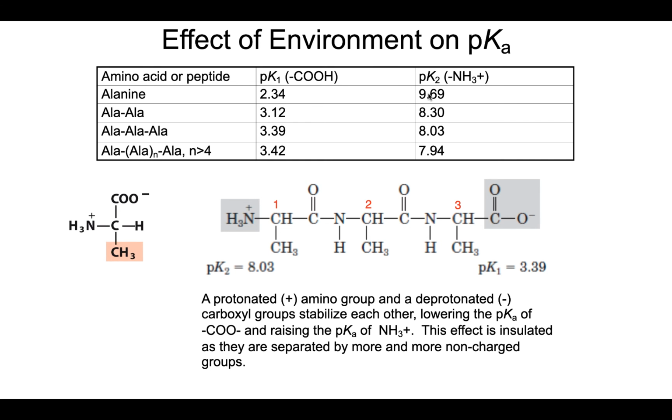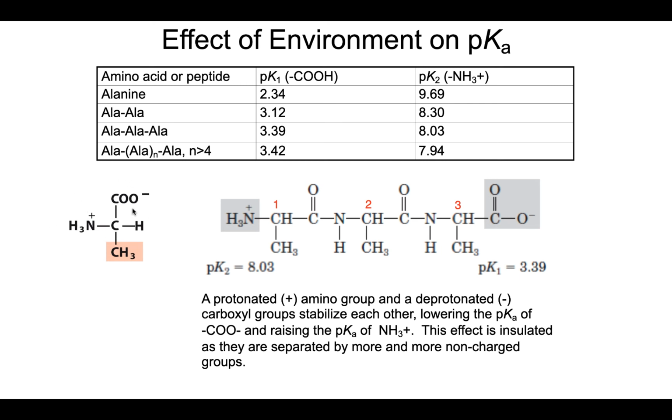Now, let's connect a bunch of alanines together, and then let's look at that alpha amino group here and that alpha carboxyl group here. Now notice, look how far they're separated. So that means there is more space separating this group from this group.